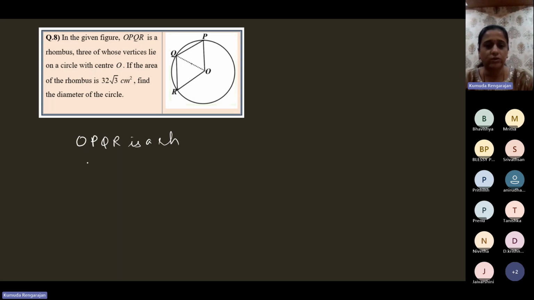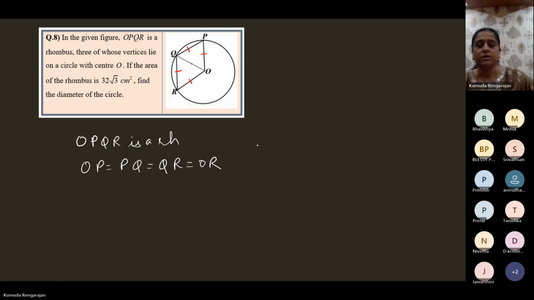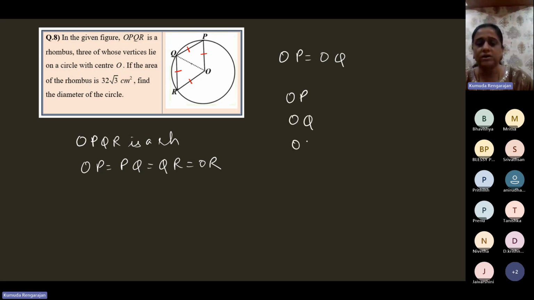OP is equal to PQ is equal to QR is equal to OR. Now, OP is equal to OQ. Why is OP equal to OQ? Now, in this figure, which are the radii? OP, OQ, and OR. They are the radii of the circle.